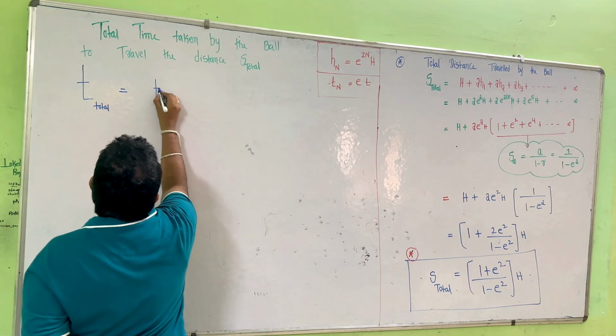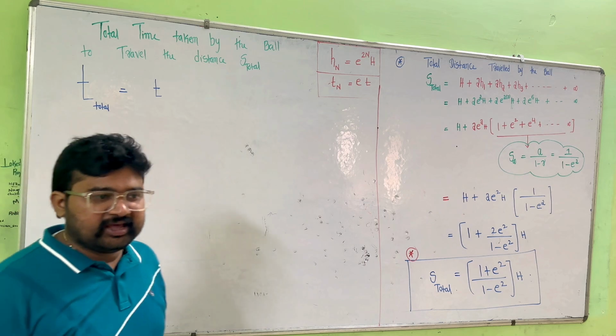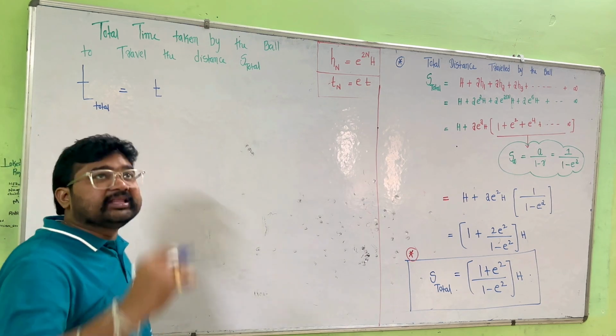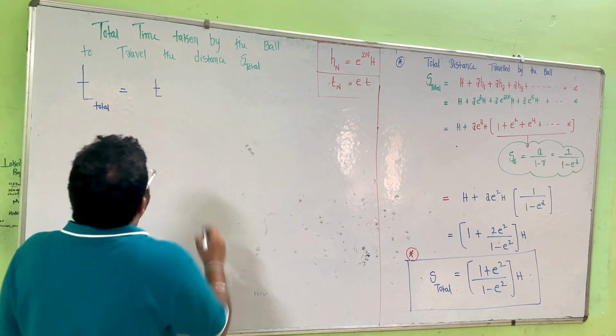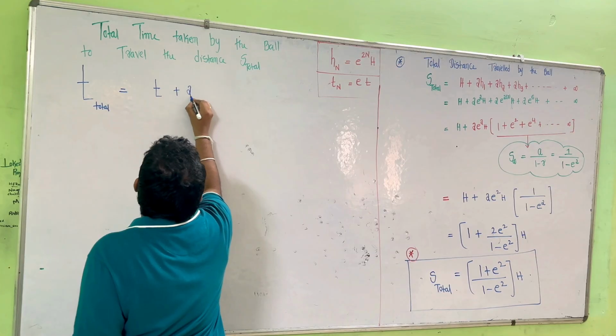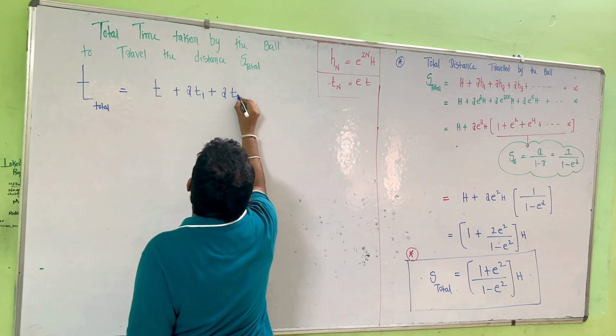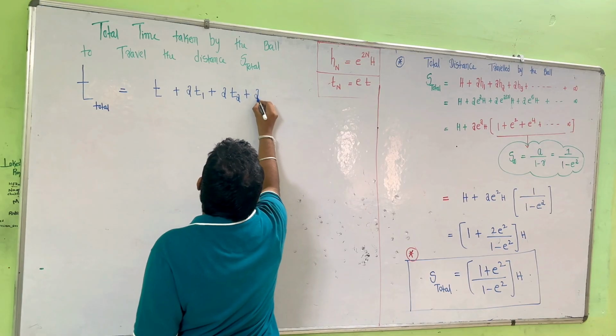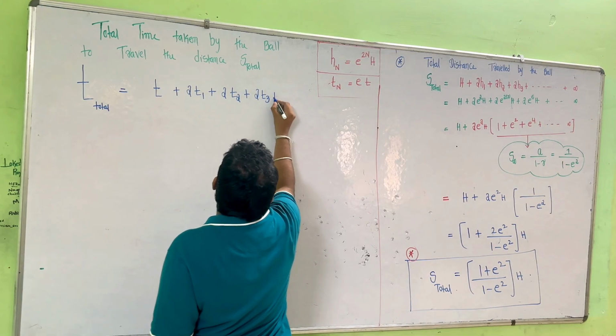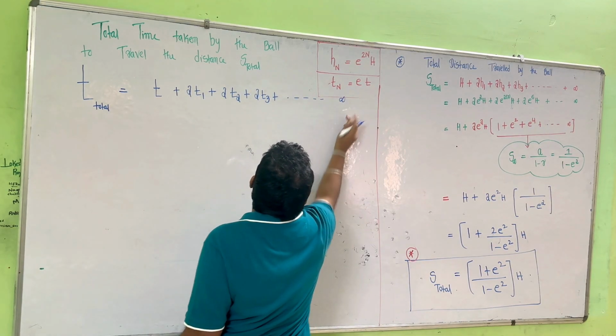First T, what is the first? From top to bottom T, then from bottom to top, and top to bottom again. What do we get here? 2 times T1 plus 2 times T2 plus 2 times T3 and so on up to infinity.